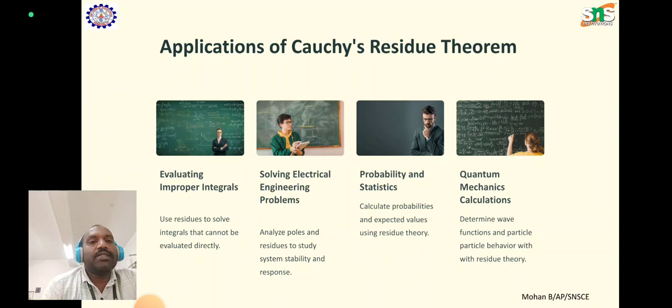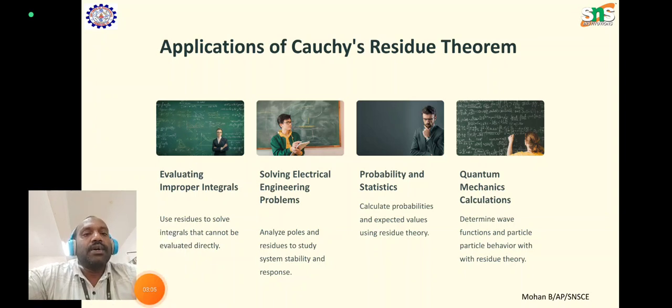Then there are probability and statistics, calculating expected values. Here we calculate probabilities and expected values using the residue theorem. Statisticians always use probability and statistics, including expected values using residue theory.